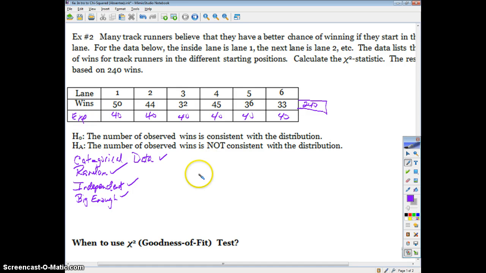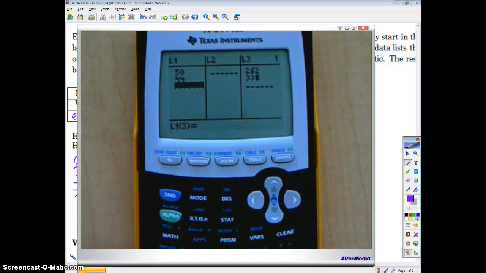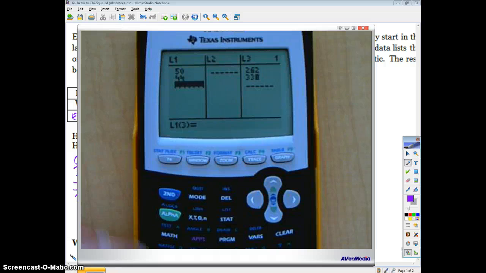Now our goal is to find the chi-squared value, the test statistic. And by that I mean we are going to allow the calculator to do the work for us. That's fine. There's no shame in that. So I am plugging in the values here.